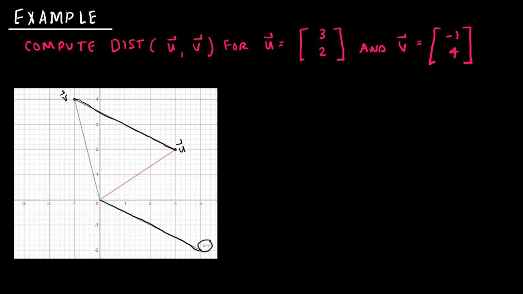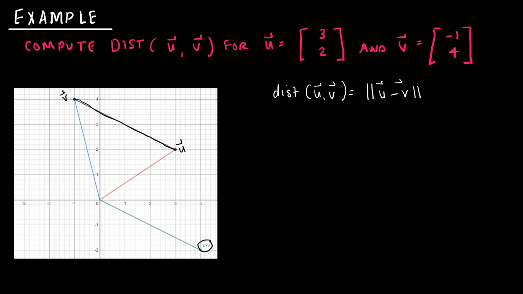It's the same distance. So using my formula, if you'll recall, we just wrote that the distance between u and v is equal to the length of u minus v.